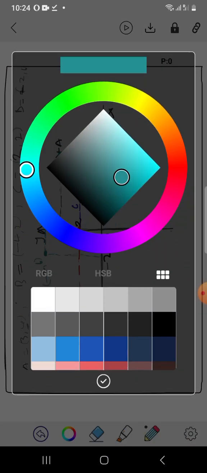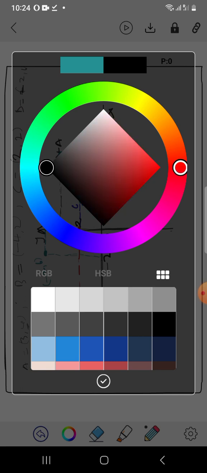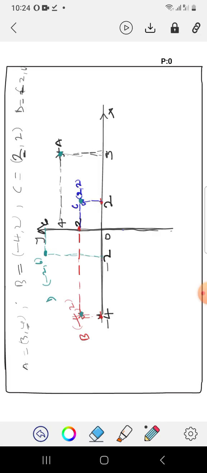Let me pick a black color. Something quite black. So now this is a point here, and this is another point here. We can now be talking about the distance between them.